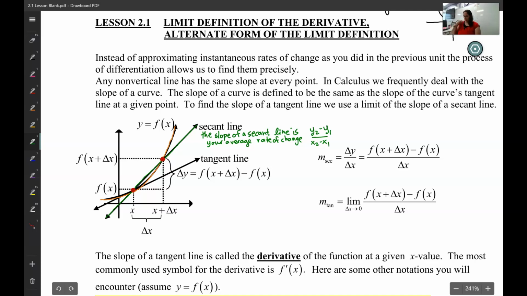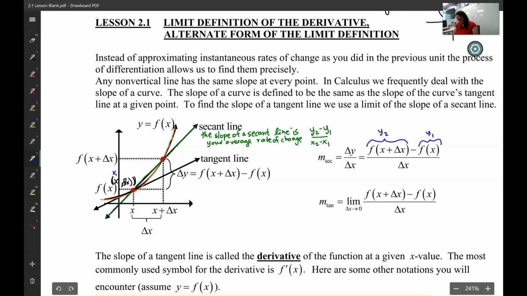Now I'm going to show you that this equation right here is really just the fancy version of that. y2 minus y1, and I'll show you that this is x2 minus x1. So let's show you that. Looking at this graph right here, what they're saying is that this first point is x, comma, f of x.